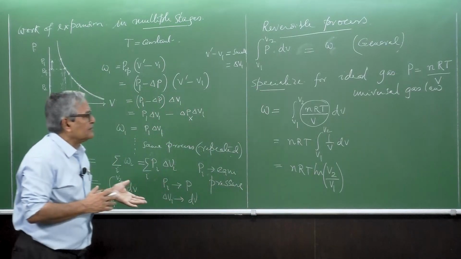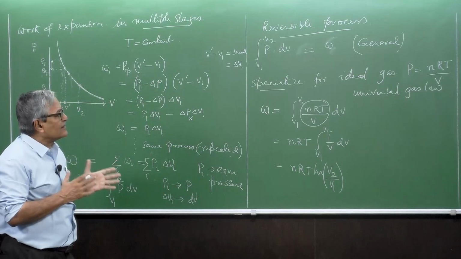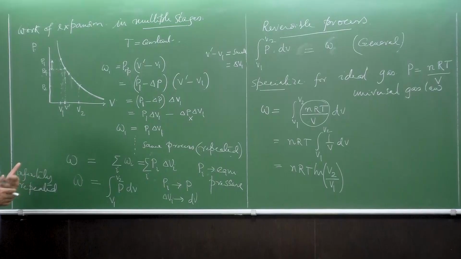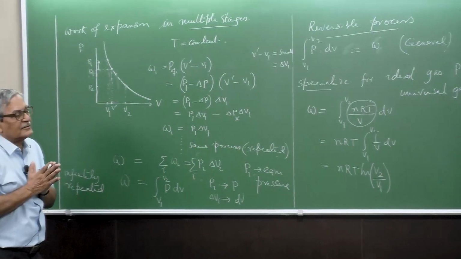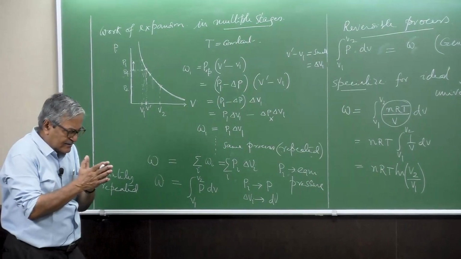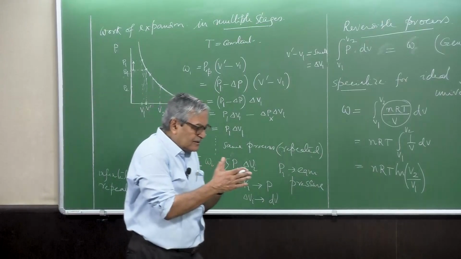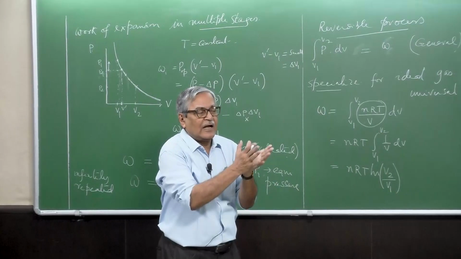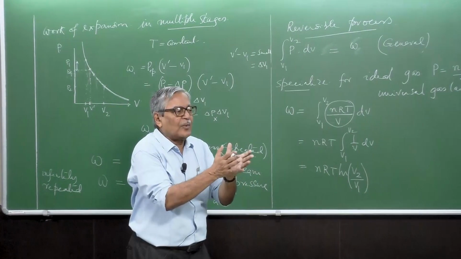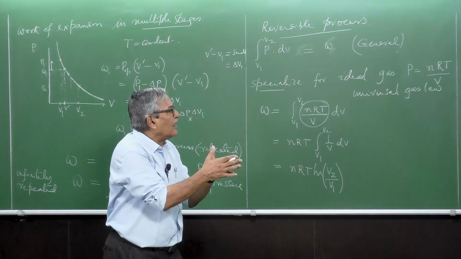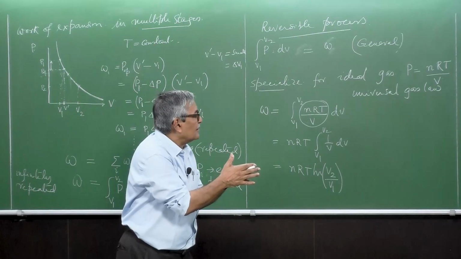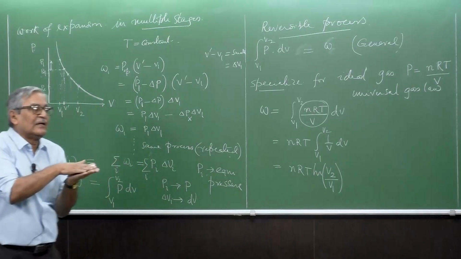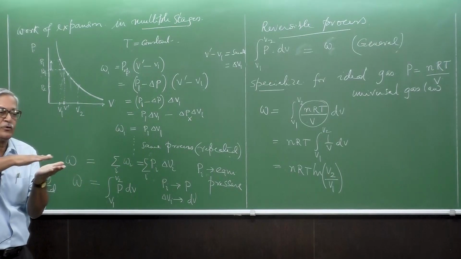But this tells us that from a multi-stage process, I can visualize a situation where I can keep the change of state of a system. The change of state of the system is most important. I can do it by keeping the equilibrium condition between the system and the surrounding all throughout.